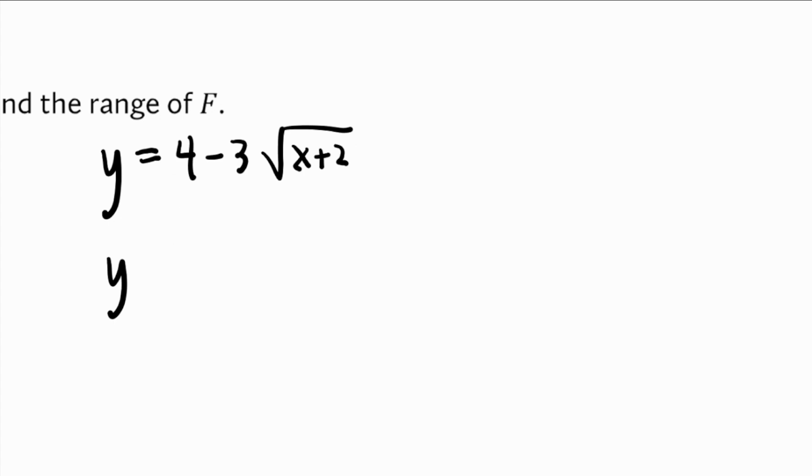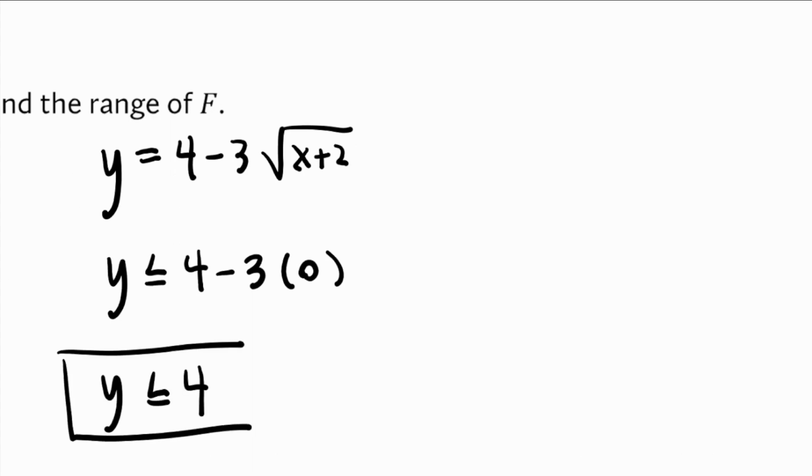The least amount that I'm subtracting is 0. So y is going to be less than or equal to 4 minus 3 times the square root of 0. Because if I had x being like 100 or 98, I'd be taking 4 minus 3 times a number that's getting bigger, and so it can get less and less and less. So this is where we have y is less than or equal to 4.